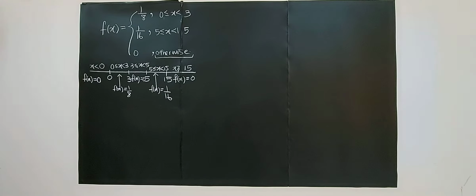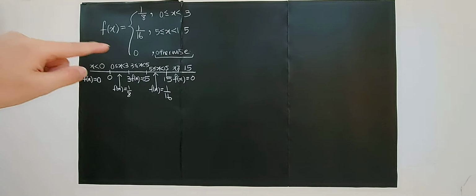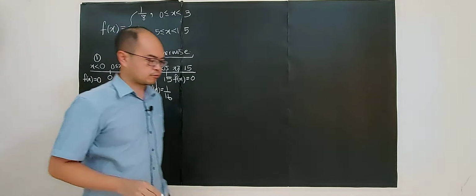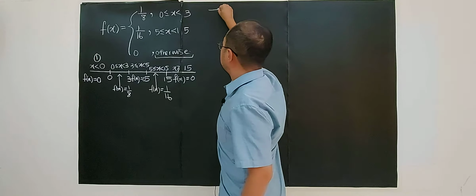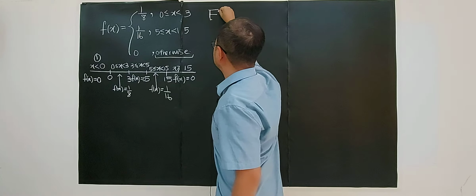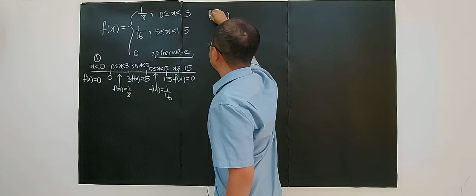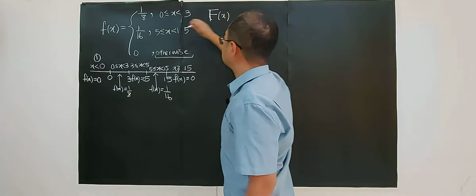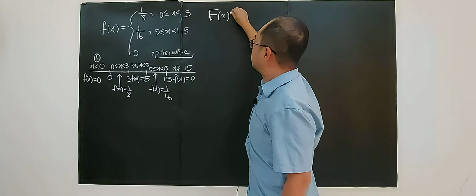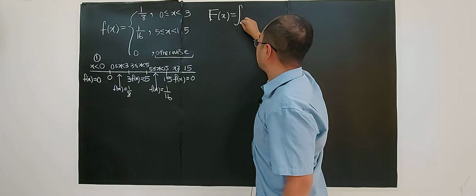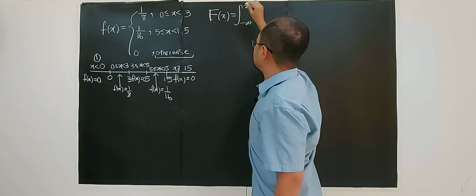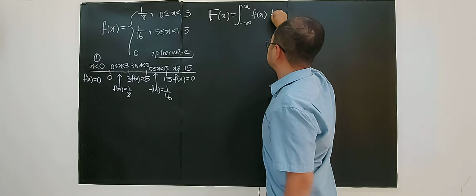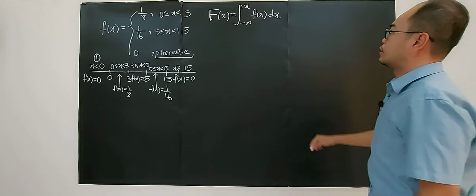Now you have to really pay attention. Before I go to the first interval, I have to introduce the cumulative distribution function. The cumulative distribution function uses the capital letter F, compared to the probability density function, the small f. It is defined as the integration from -infinity up to x of the probability density function f(t) dt.